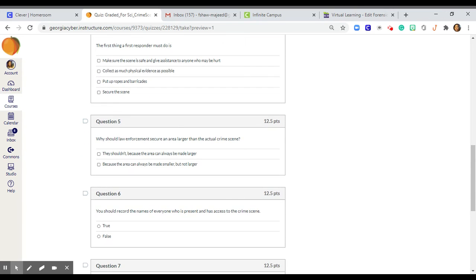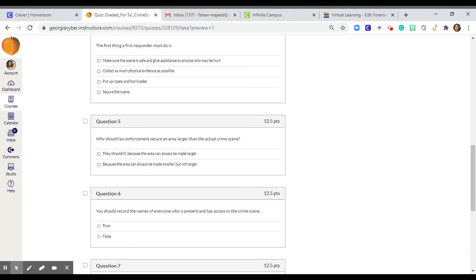All right, question number five. Remember, we asked that question in class about would it be better if we started with a small area and then moved to big, or started with big and moved to small? Remember that question? I asked you guys, what would happen if I start with a small area, and in 2 days I come back and say, oh my gosh, I forgot that evidence that's 20 feet away from the area that we secured?